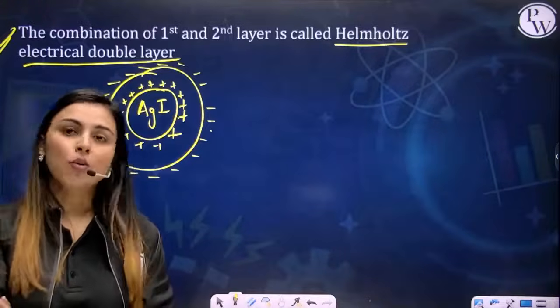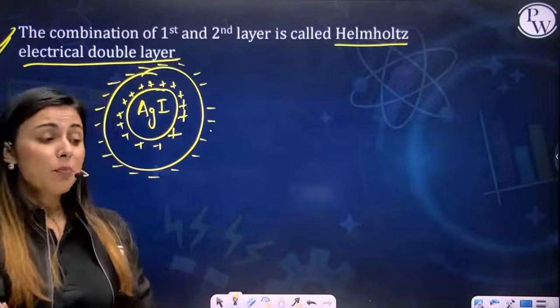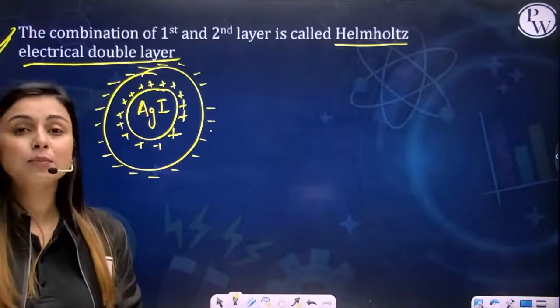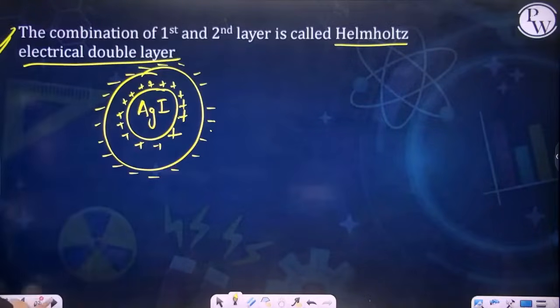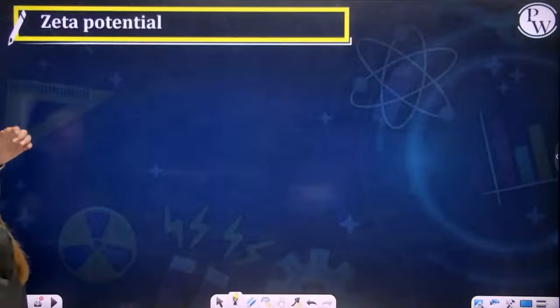The potential difference between these two is known as zeta potential. Since they are always opposite in charge, they will have some potential difference. So this is the zeta potential.